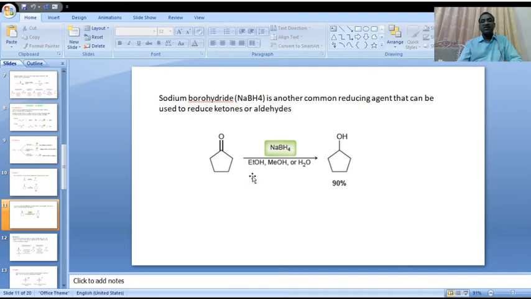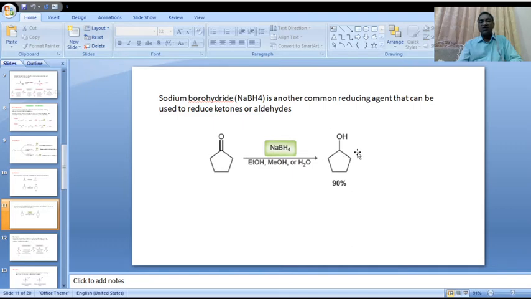Here the solvents are ethanol, methanol or water. In presence of this solvent and this reducing agent, it is converted to a monohydric alcohol.